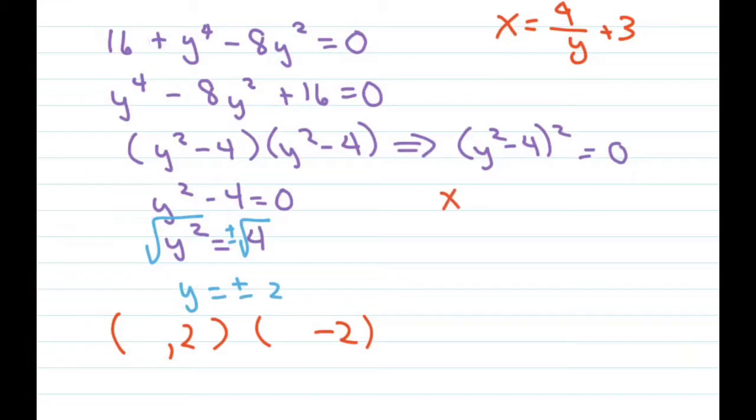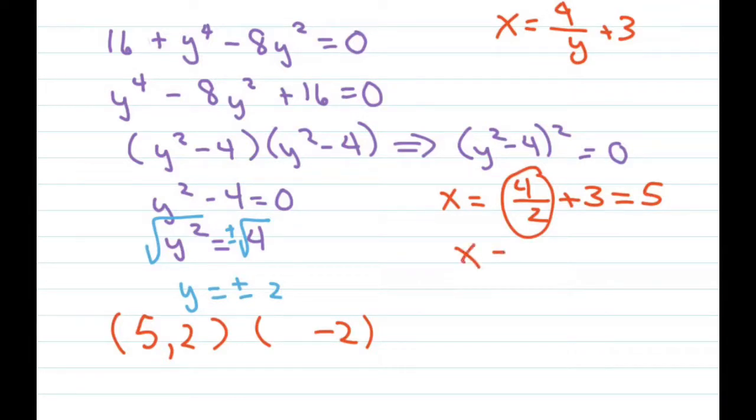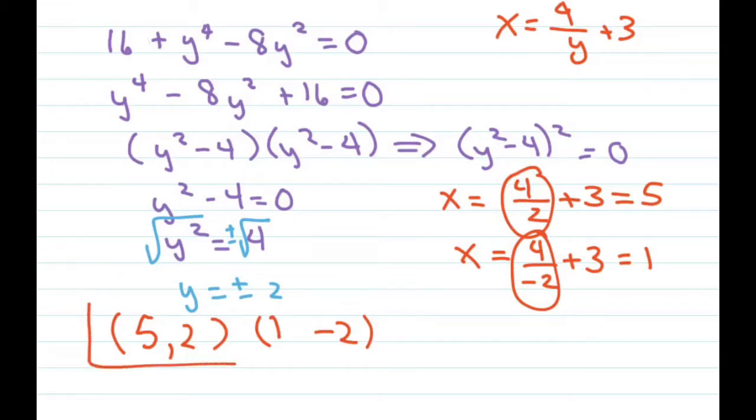You get x equals 4 over 2 plus 3. This is just 2, so 2 plus 3 is 5. So there's a point. And then plug in negative 2, so you get x equals 4 over negative 2 plus 3. That's negative 2 plus 3, which is 1. So these are our points of intersection.